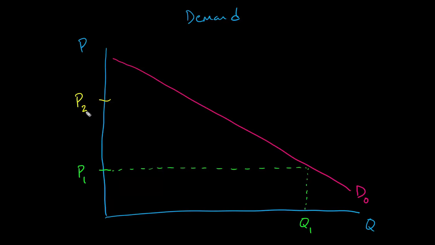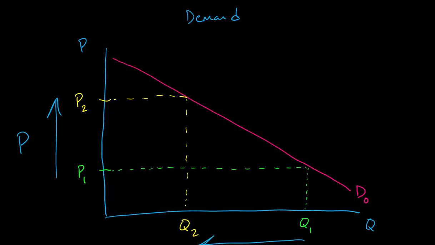So we increase the price from P1 to P2, and that decreases the quantity demanded from Q1 to Q2. So price increases, quantity decreases. And that is why we have that downward sloping demand curve.